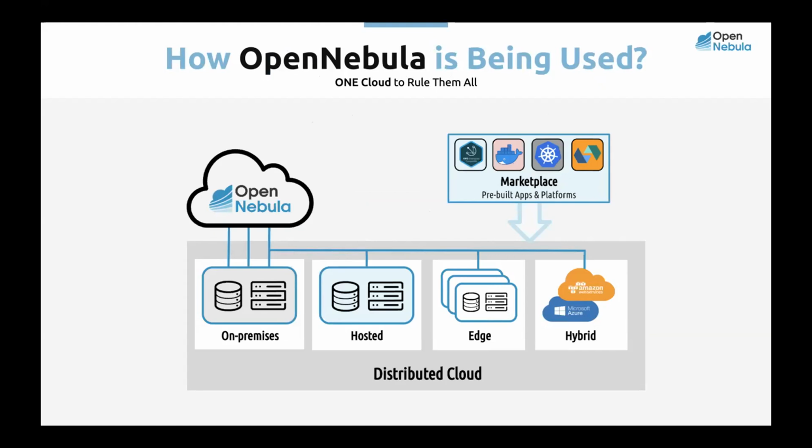It's a sly reference to the Lord of the Rings, but it's also a keen reference to the fact that while OpenNebula takes its roots from the private cloud, it has evolved by providing all the benefits of a managed private cloud, while at the same time easily being able to integrate not only on-premises resources, but also hosted resources, edge resources that can be provided by public bare metal resource providers, as well as public cloud providers like Amazon and Microsoft Azure for cloud bursting to create hybrid clouds. And this is what we're calling the enterprise cloud.